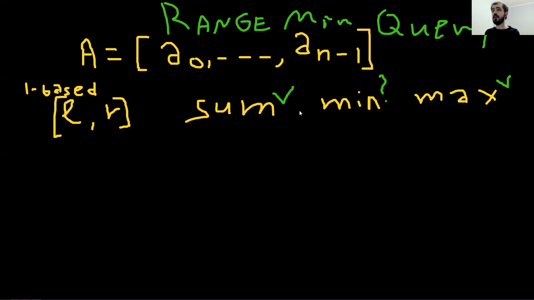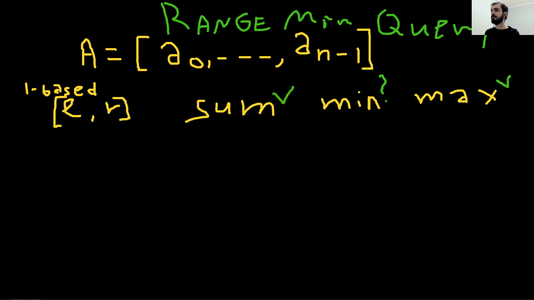Well, you can still use a sparse table to answer sum queries, but why would you want it? We already talked about it. For range sum queries, you can just use prefix sums. And it may look like the end of the story. For minimum, you can use a sparse table, which answers in constant time, even better than a segment tree, which has logarithmic complexity. For sum, you use prefix sums.